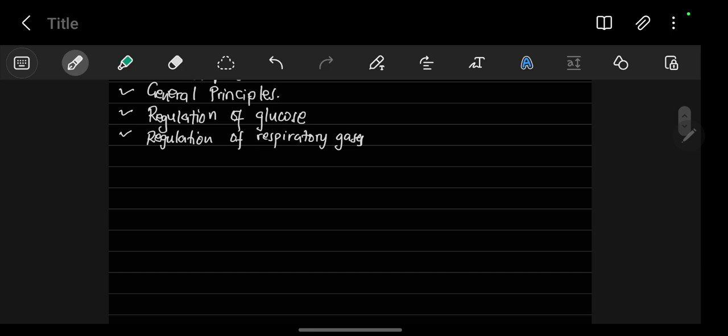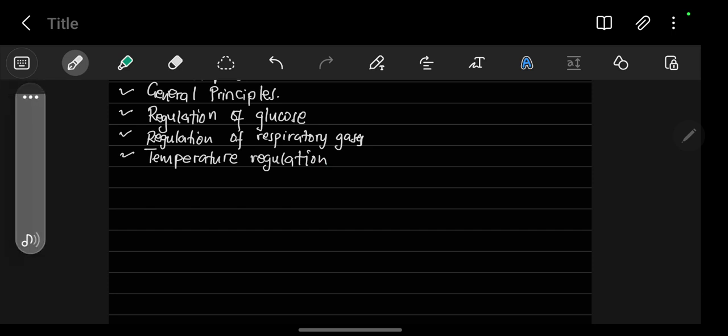Then the fourth subtopic is temperature regulation.